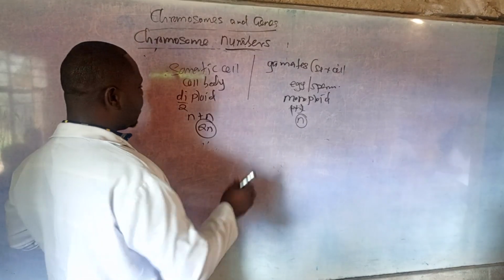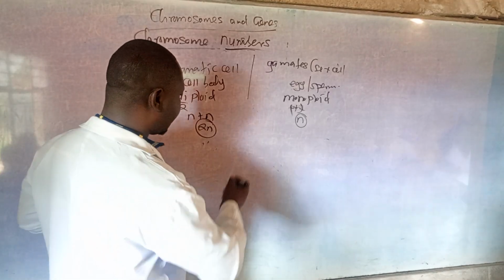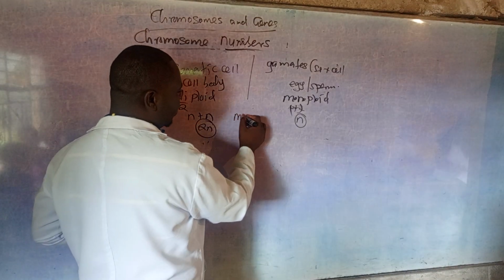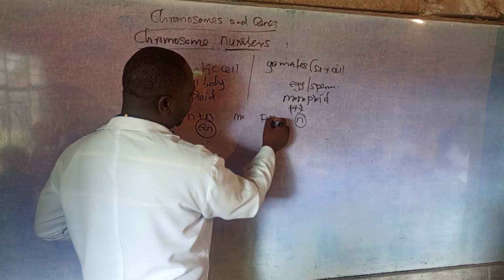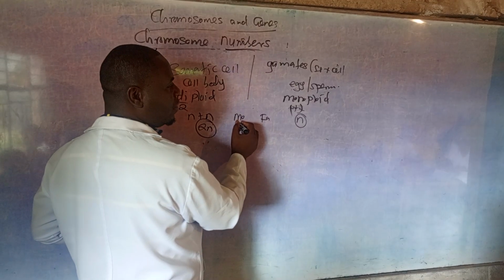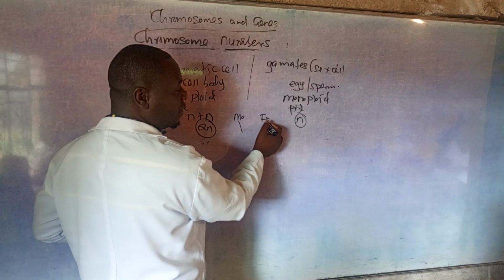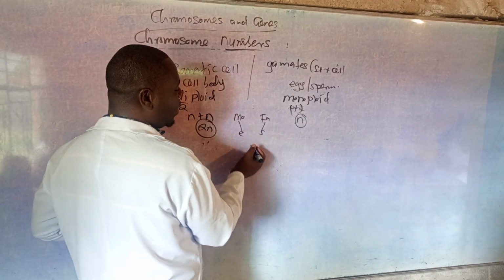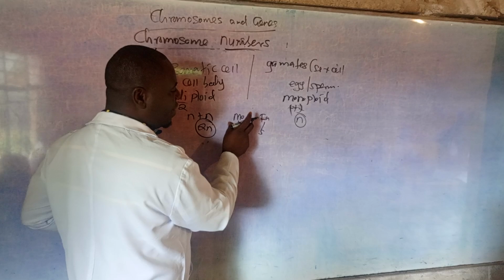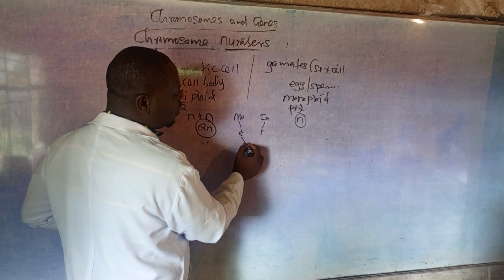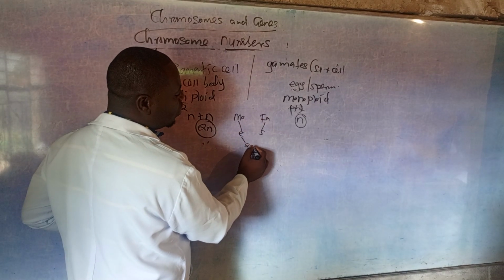For example, during sexual reproduction, you have a mother and a father. The mother produces an egg, which has 23 chromosomes.